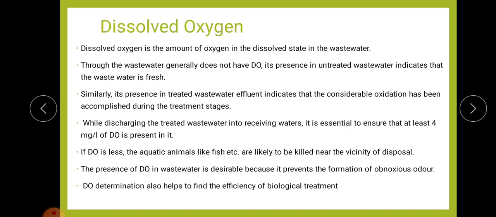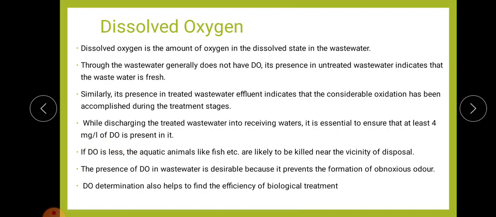The next important point is, while discharging the treated wastewater into receiving waters, that is, into a water body or any other place, it is essential that there should be at least 4 milligram per liter of dissolved oxygen present in it. If we are discharging the treated wastewater into a river, there should be a minimum of 4 ppm of dissolved oxygen.